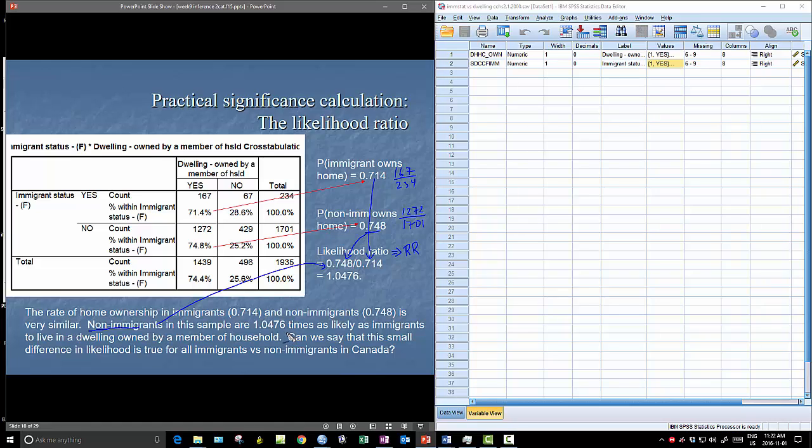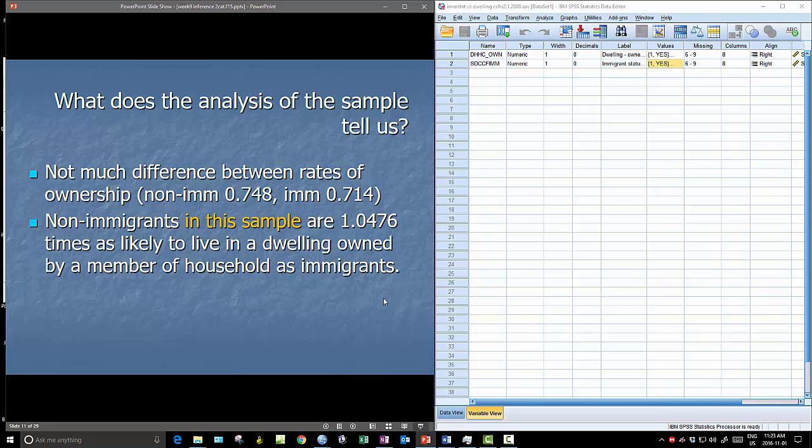That means it's pretty close to 1, and when it's close to 1, that means they're the same. So, just analyzing in exploration, there's not much difference between the rates of ownership. Non-immigrants in this sample are 1.0476 times as likely to live in a dwelling owned by a member of their household.